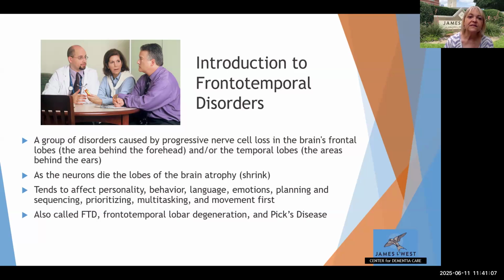Think of all the things that these folks get misdiagnosed with first. And you heard from that letter from the Willis family. It's the most common type of dementia now in people under the age of 65. She said 60. It's 65. So we've got somebody who might be in their 40s or 50s, and they're having changes to their personality and behavior. What do you think they're going to get diagnosed with?